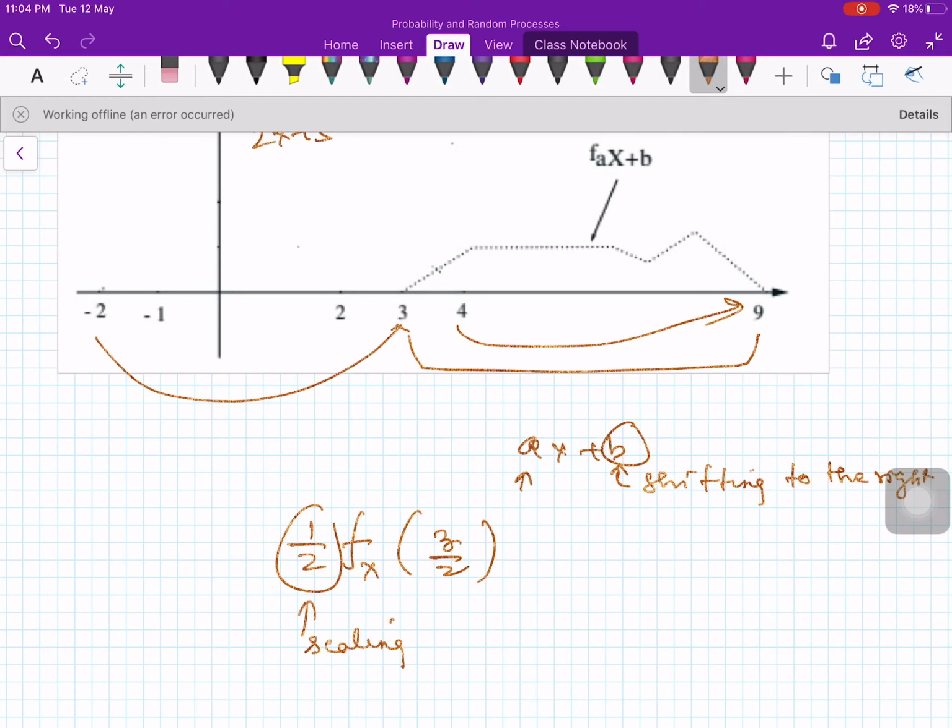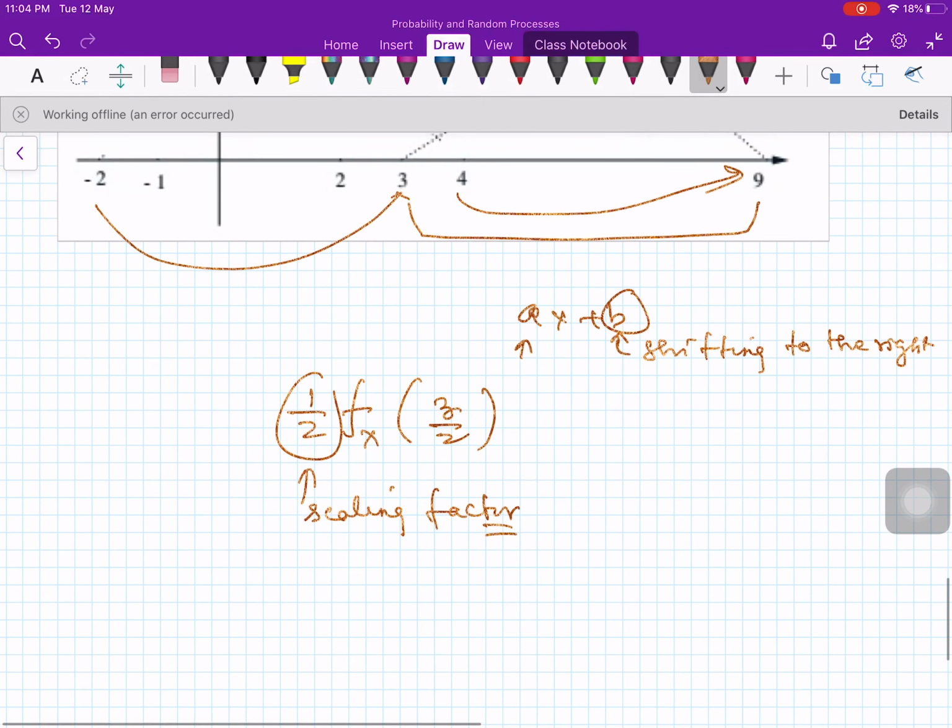What is the use of the scaling factor? To keep the total area equal to 1. And then I need to introduce this extra factor. What is the extra factor? -b.